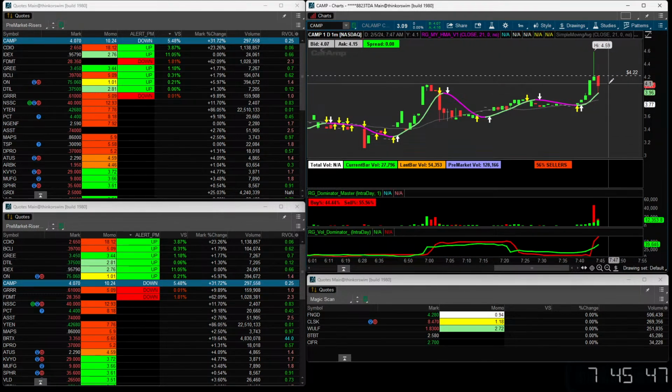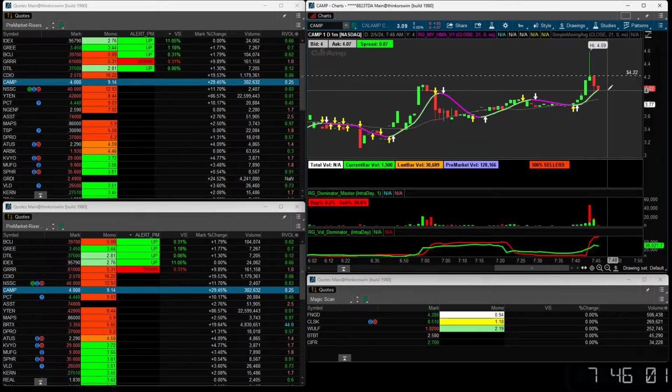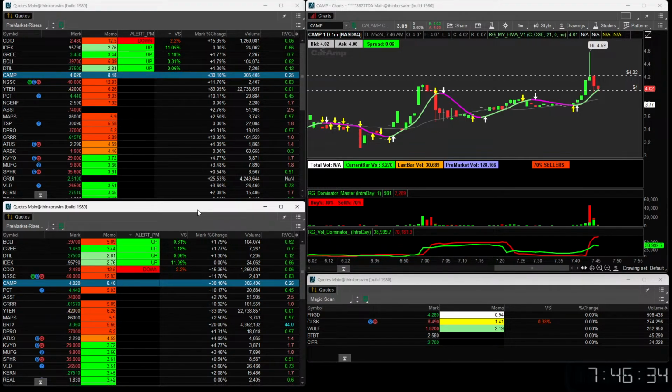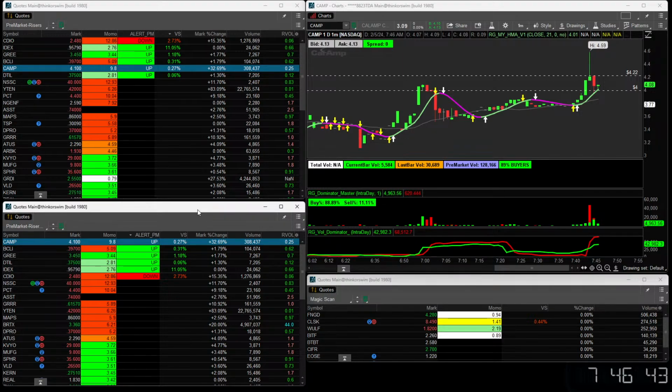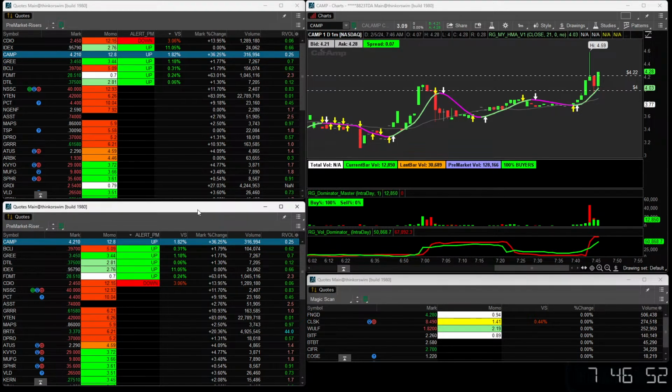It's quite a drop from $4.60 to $4. Good job, Robert C. We did get the bounce back up to 4.22, breaking through again on the pullback.